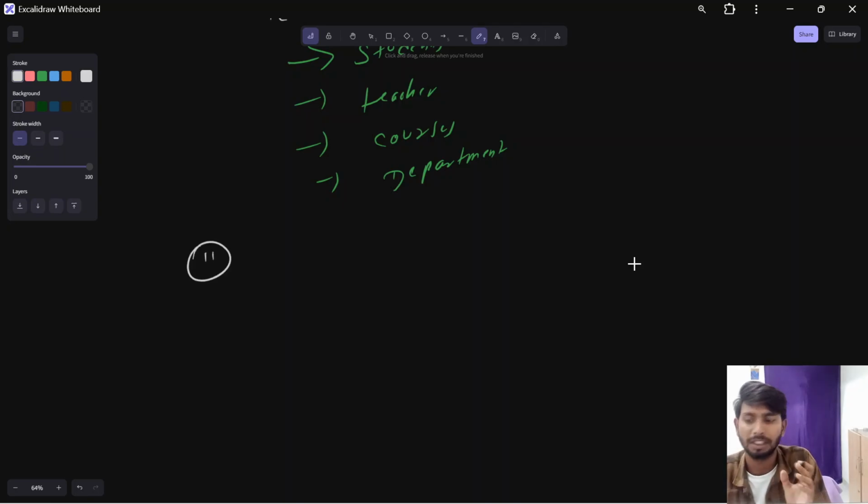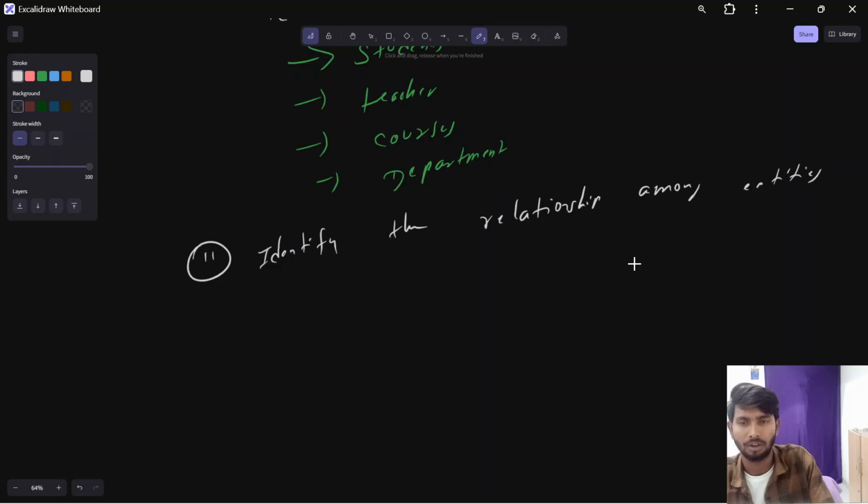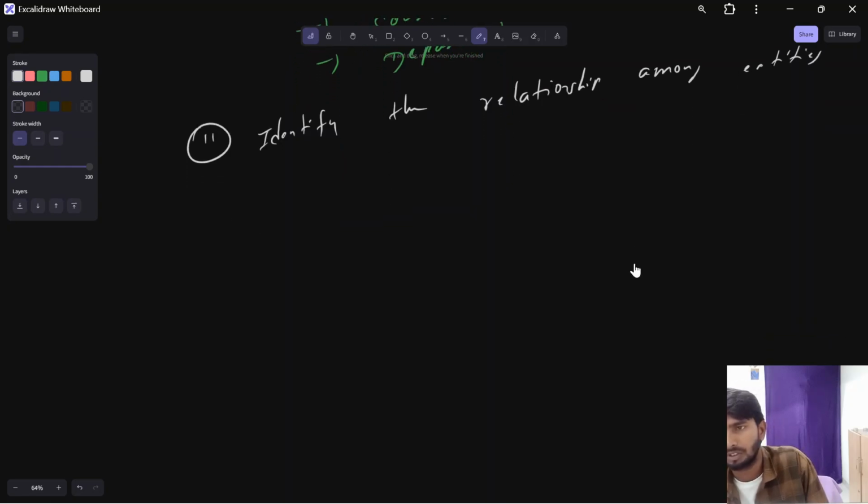Now we have to make the relationship, which means identify the relationship among entities. Okay, now we have department.